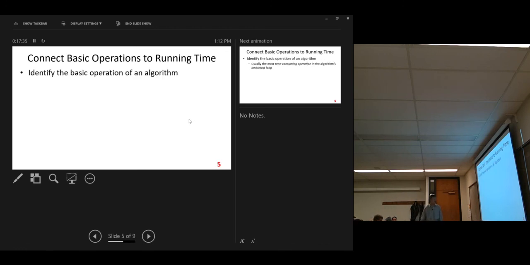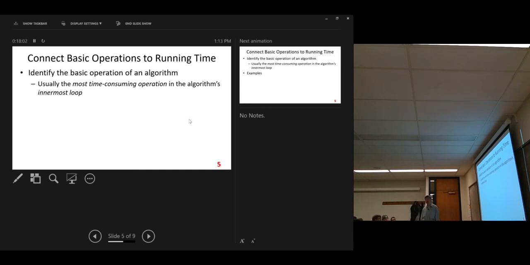First, we need to identify the basic operation in our algorithm. Usually it's not very hard, so we can figure it out. Usually it is the most time-consuming operation in the algorithm's innermost loop. You write pseudocode, so you have nested loops.